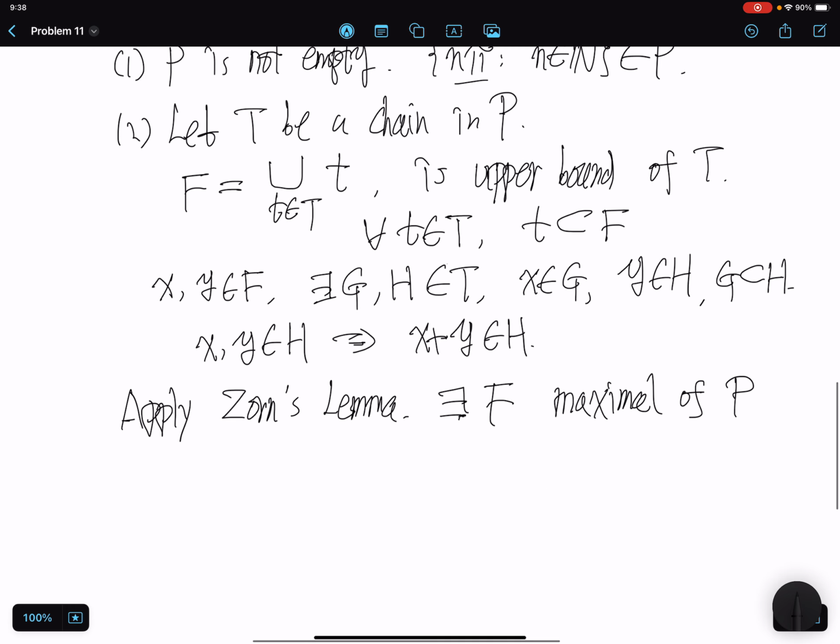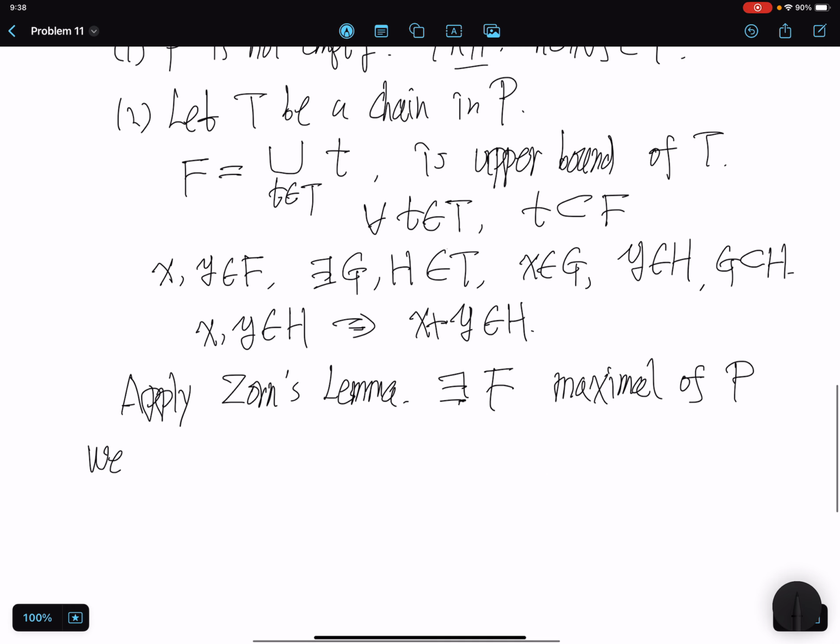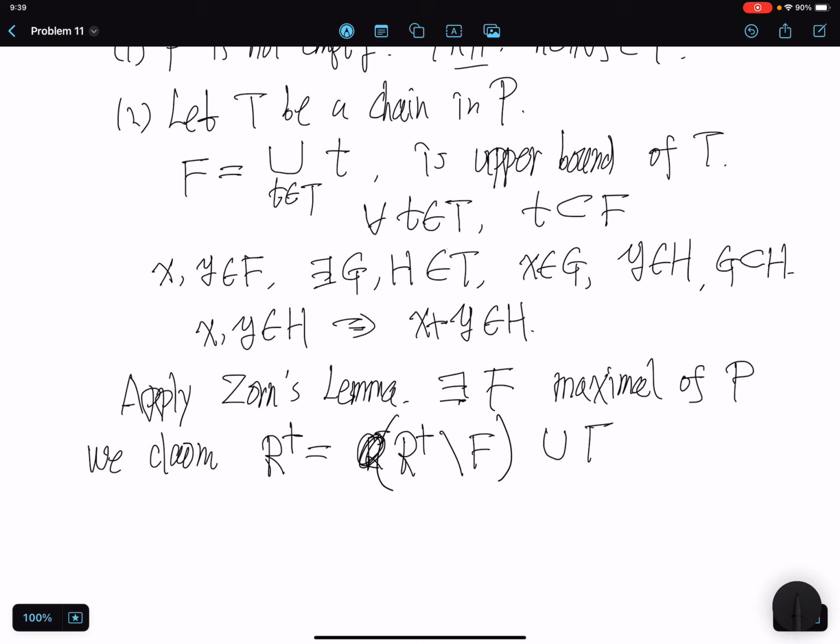Now we claim this F is actually part of the partition. We claim E equals the rationals minus F, union F. This is our E1, this is our E2.